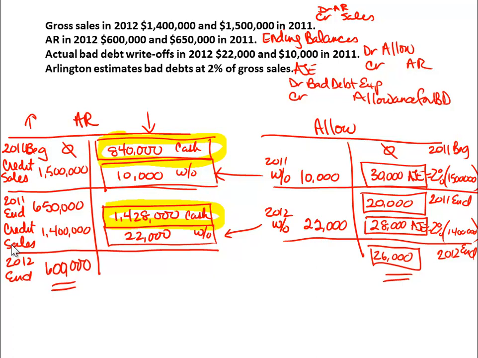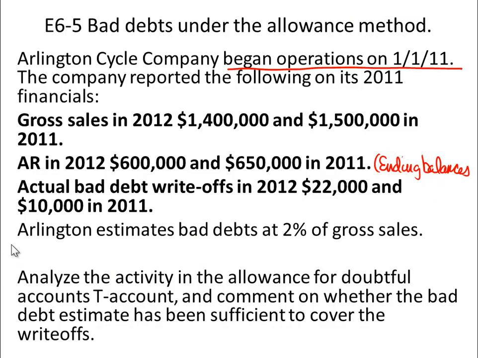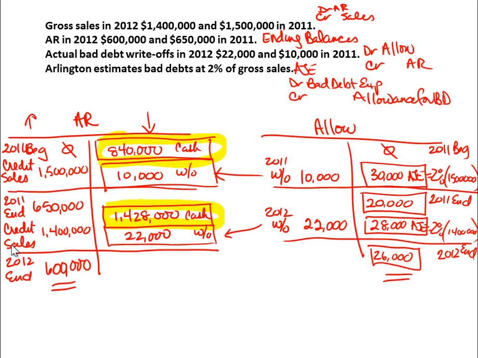So I'm going to start in 2011. I know that this was a brand new company, so my beginning balances in my allowance and accounts receivable accounts at the beginning of 2011 are zero. Accounts receivable is increased in 2011 by my credit sales of $1.5 million.